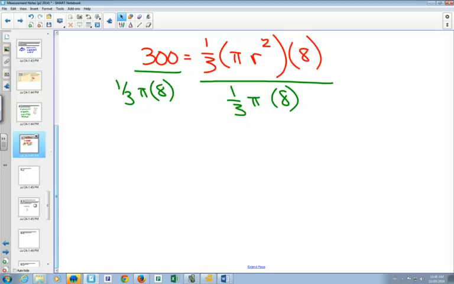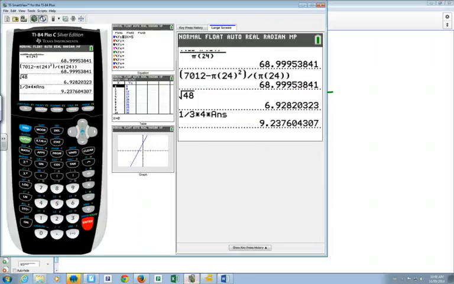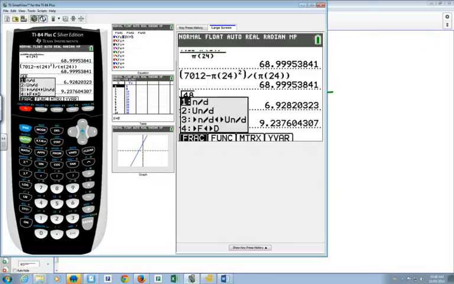What am I going to have left on the right side? Just r squared. And again, you can go to your calculator. You can go alpha f1 to get to a fraction.